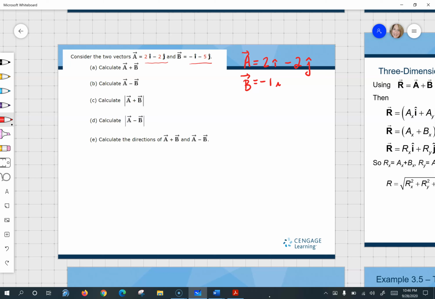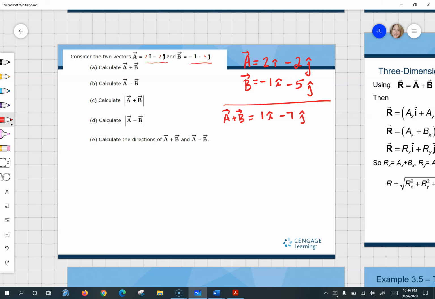Go ahead and pause that and see what you come up with. So you get 2 plus negative 1, so that's 1i, and then negative 2 plus negative 5 is minus 7j.